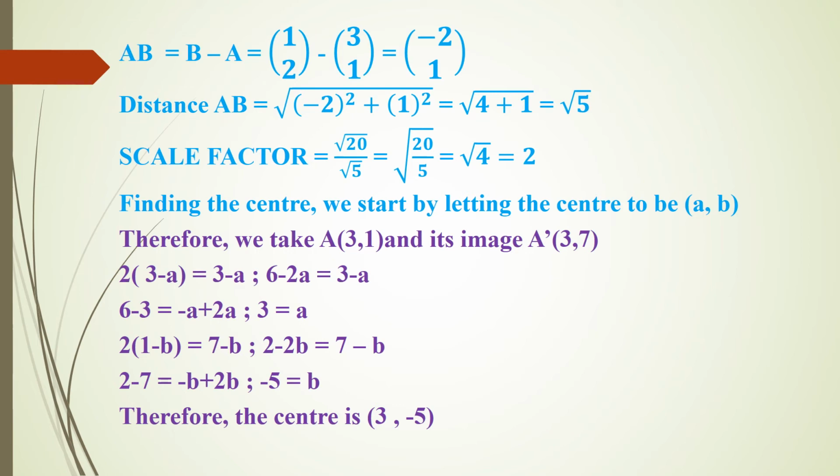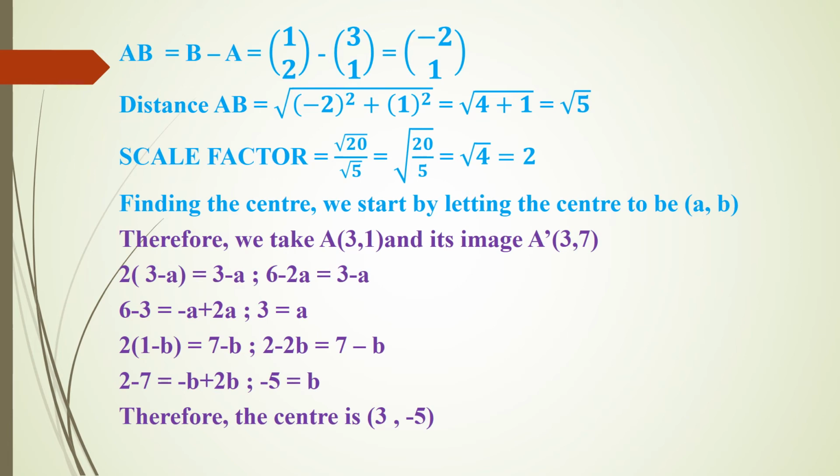When you subtract the two column vectors, you get (-2, 1). Distance, as I said earlier, is like finding the magnitude, which is the square of -2 plus the square of 1, which gives us 4 plus 1. Then you find the square root. 4 plus 1 is 5, so we obtain root 5.